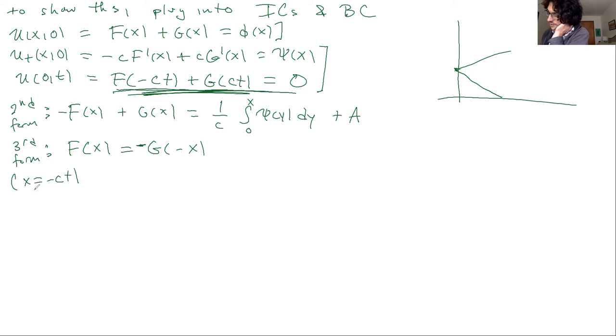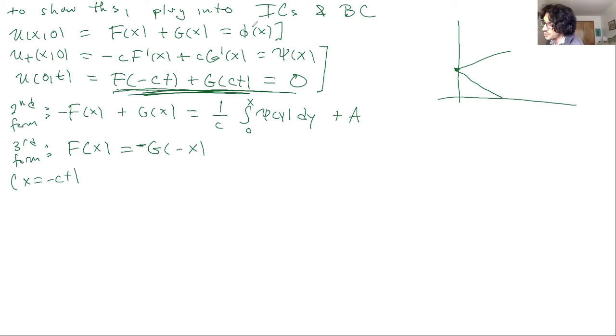I could use a different variable, but x is fine, okay? And now we have a relationship between f of x and g of minus x, okay? So we just have to figure out how to take this equation, and this equation, and put it all together to get formulas for f and g in this case, okay?